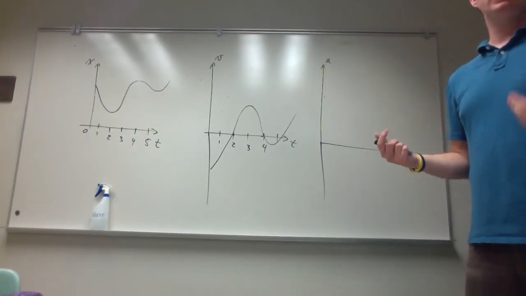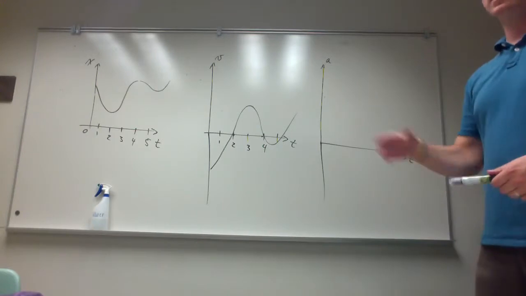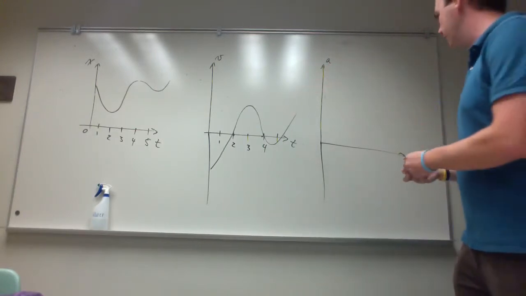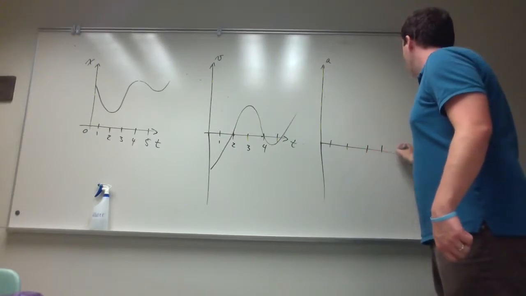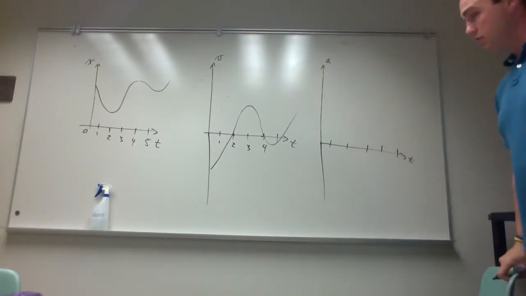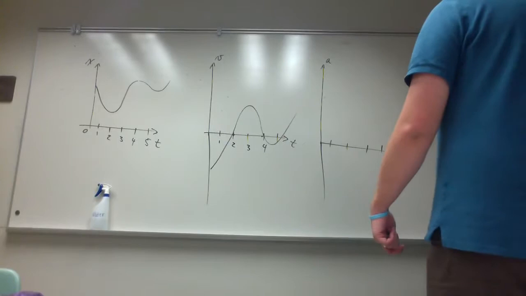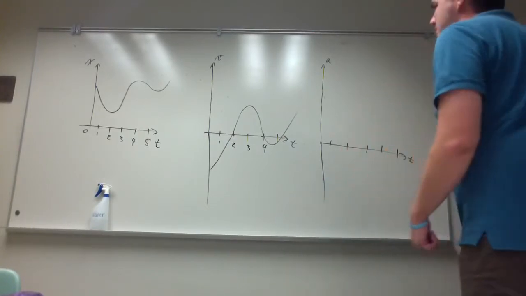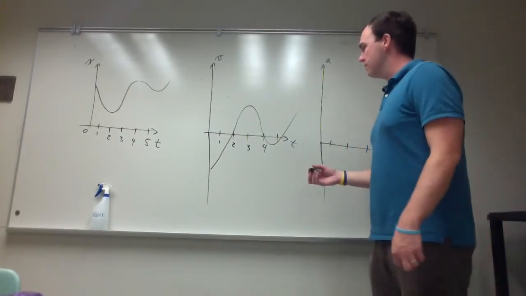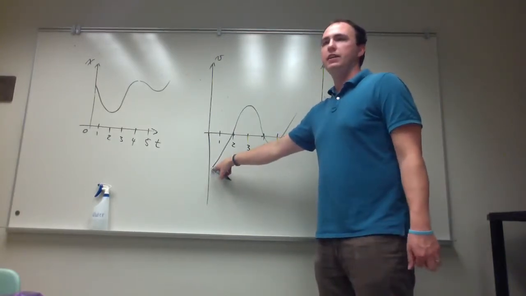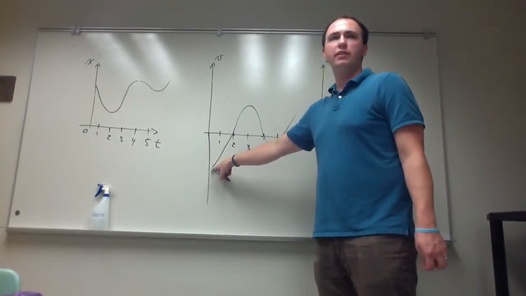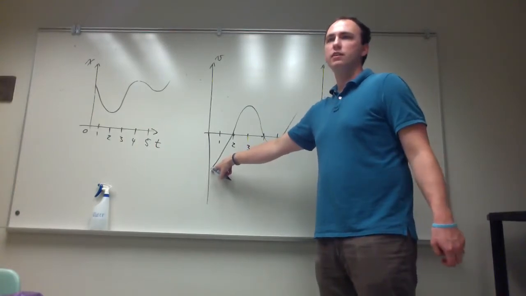So then for acceleration, I just do the same thing from my velocity curve. So I've got 1, 2, 3, 4, 5 seconds. So my velocity is negative, but it's getting less negative, so my acceleration should start out positive.